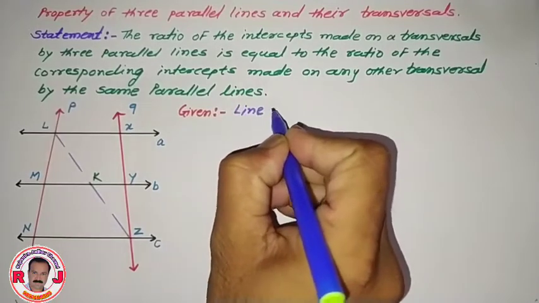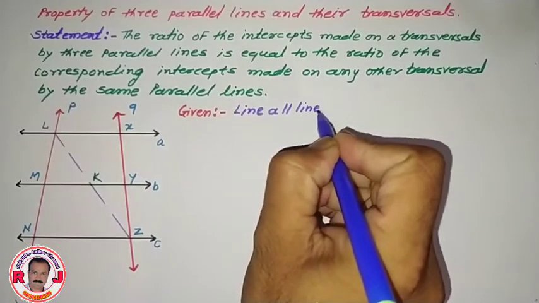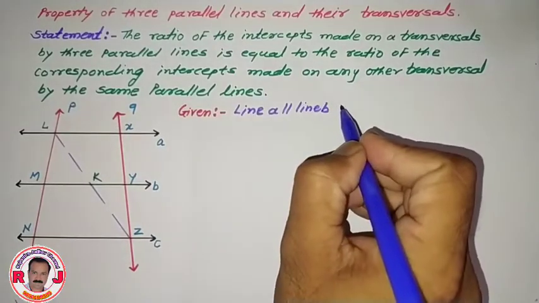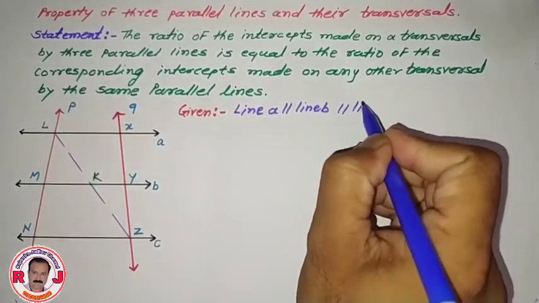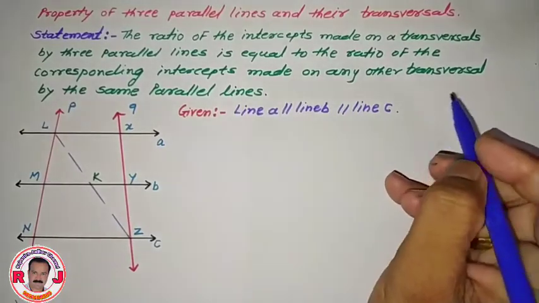Line A is parallel to line B, which is parallel to line C. These three lines are parallel.